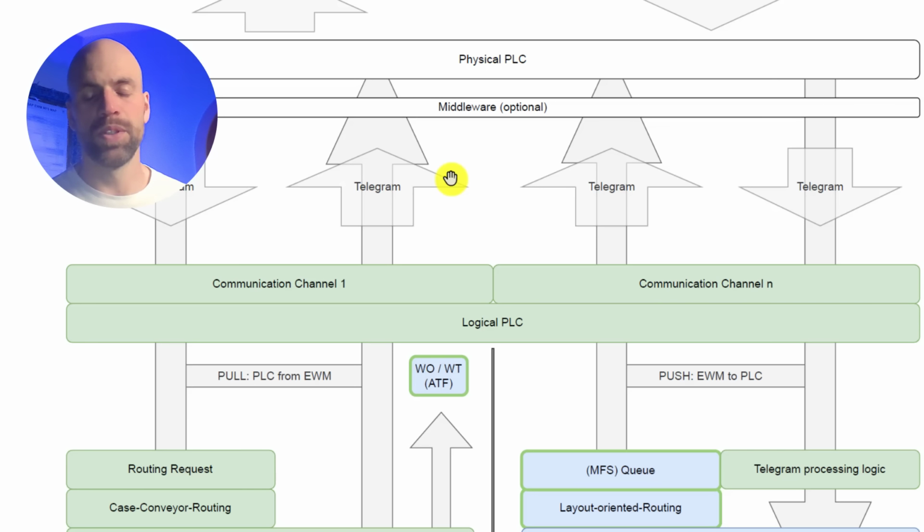So you would potentially see here middleware like planned connectivity and EWM talking to this middleware with RFC-based integration approaches, and then the middleware handling the TCP/IP communication with the physical PLC.